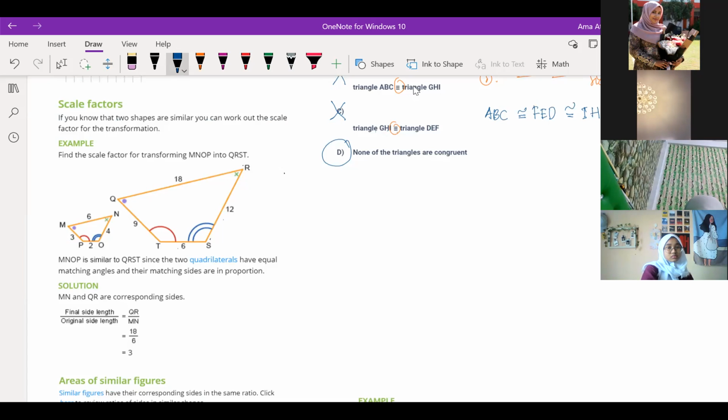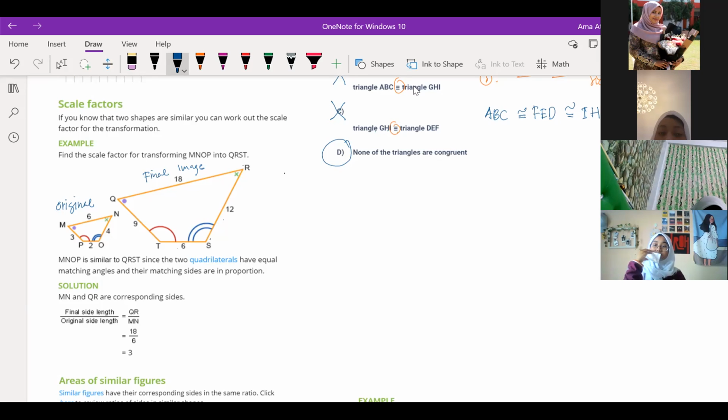Let's say that this small quadrilateral is the original one, and this one is the final image.